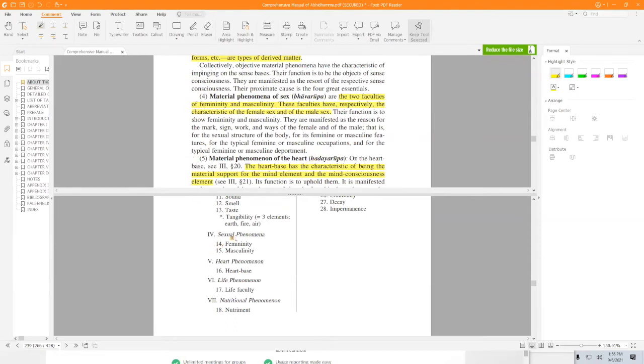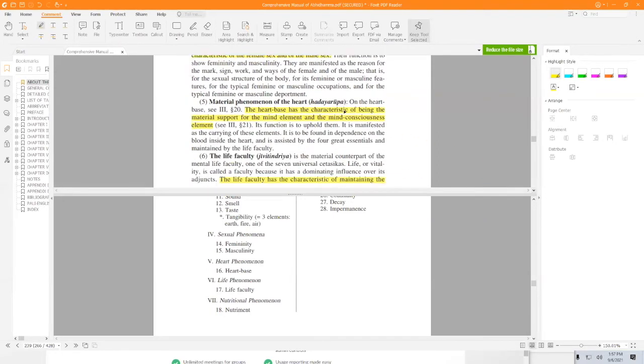Okay, then the next derived material phenomenon is the heart base, which I've spoken about earlier. This is not the physical heart organ itself, but it's supposed to be a subtle type of material substance in the region of the heart that serves as the material support for the mind element and the mind consciousness element.